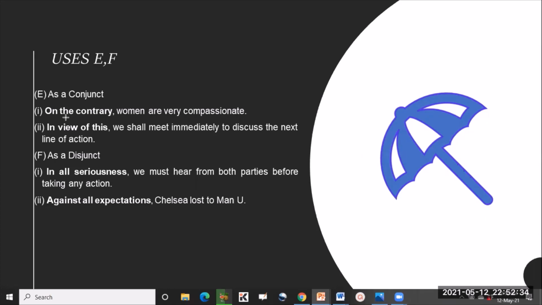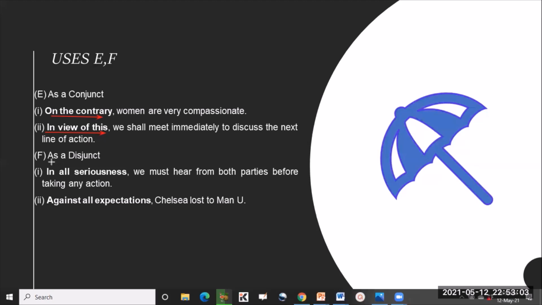On the contrary is a conjunct, although here it is more like a disjunct than a conjunct. But let's look at this. On the contrary, women are very compassionate. Then the next is, in view of this, we shall meet immediately to discuss the next line of action.